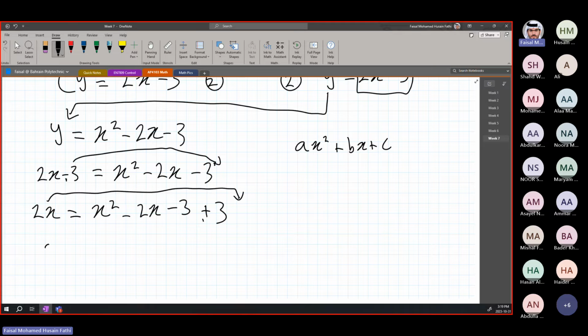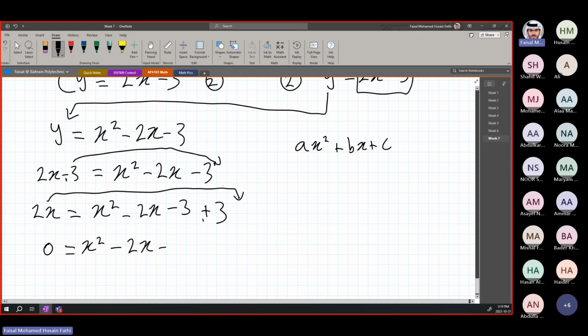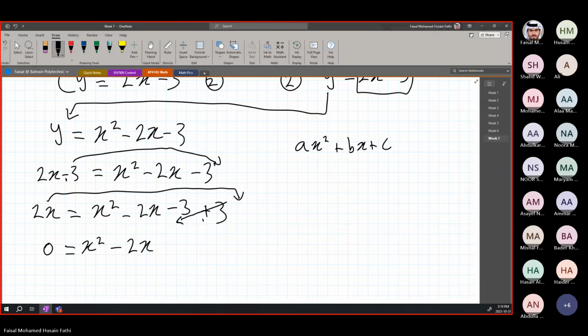So 0 is equal to x squared minus 2x minus 3 and plus 3. I will cancel them from now, because it's very straightforward. Minus 3 plus 3 is equal to 0.